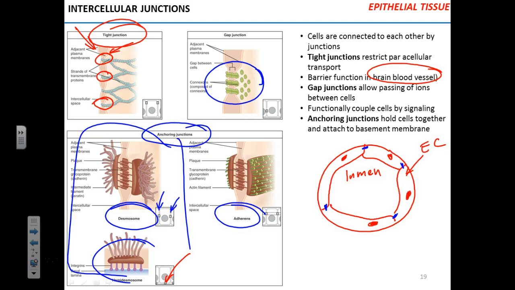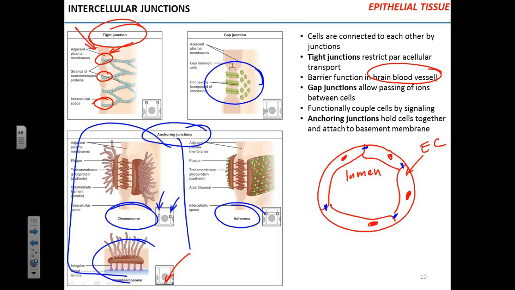They will probably hold each other like this, right? Very, very tight. That's a tight junction. I'm going to skip gap junctions. It's a different story, okay? If we just want to make a row of people, we're going to hold our hands. Make sense? That's going to be a desmosome. Just hold each other's hands.